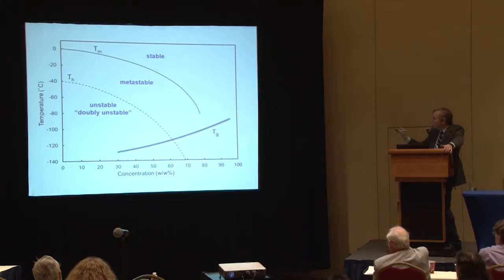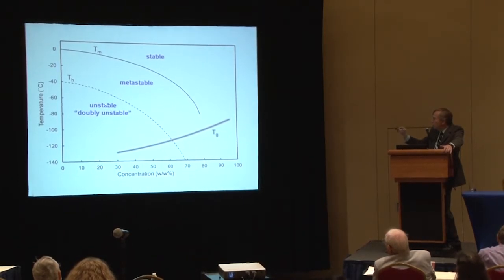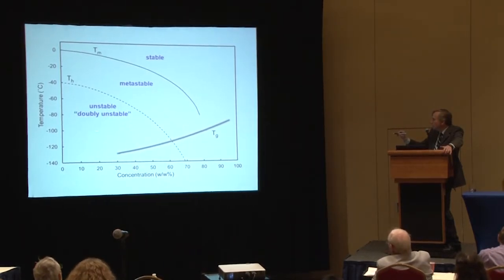Now, below the metastable zone, we have ice forming by a process that we've heard a lot about today called homogeneous nucleation. In this zone, ice can form in pure solution spontaneously. This zone is traditionally called the doubly unstable zone.